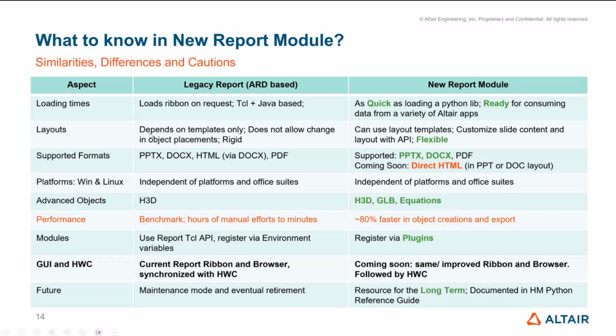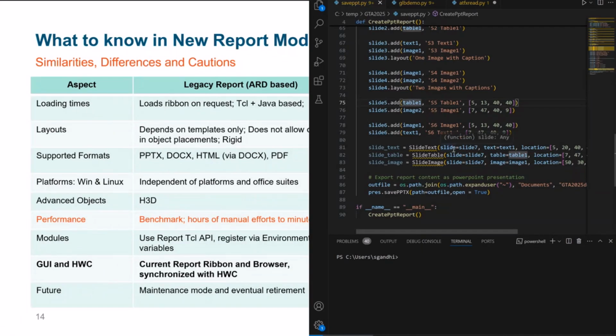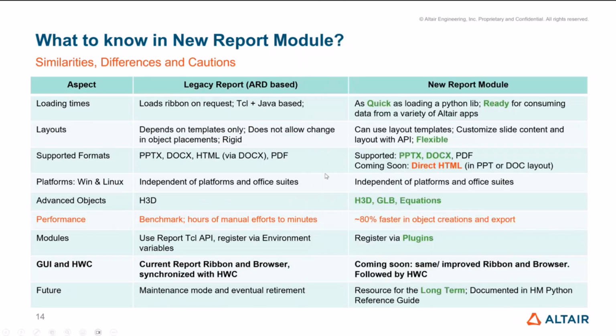The layouts, we just saw how flexible they can be. Although, in this script, I had to really explain you how things can be flexible. When we take it to the user interface, when we decide to build a GUI on top of these APIs, we'll probably curtail the ability to edit the layouts too much. But there is always going to be this functionality behind the scene that is meant for our customization projects or ESG projects.